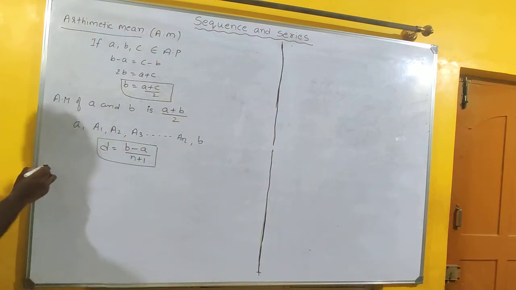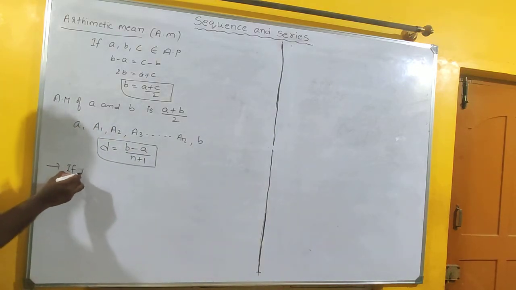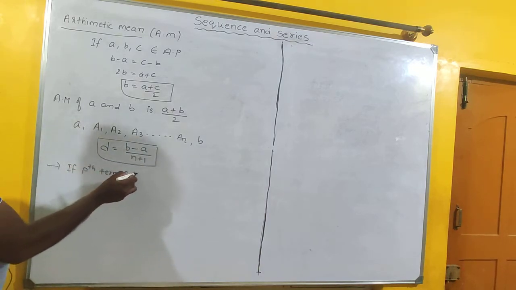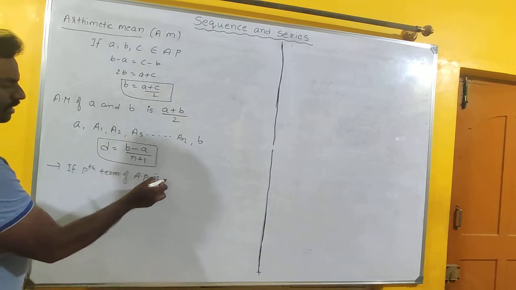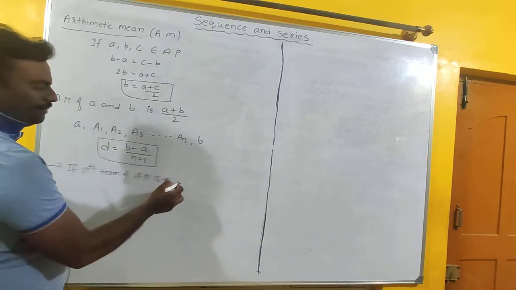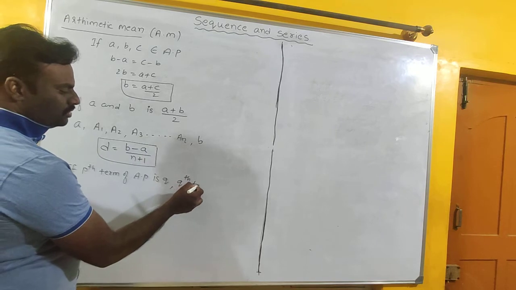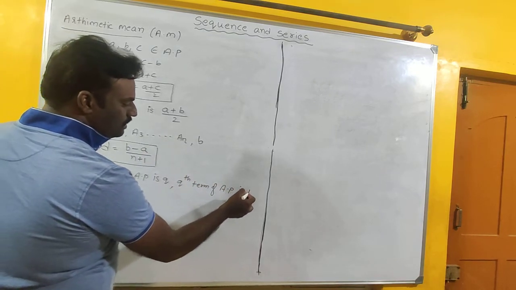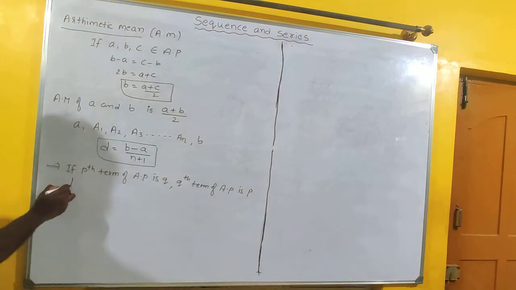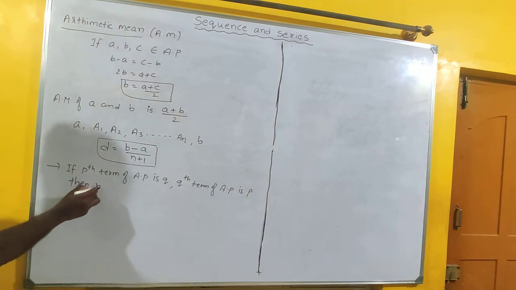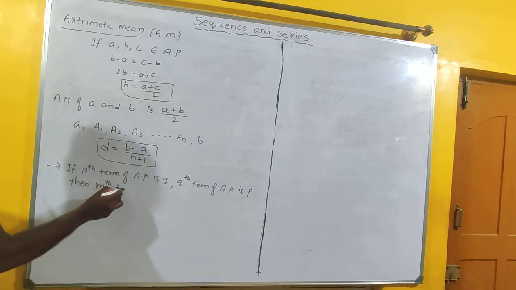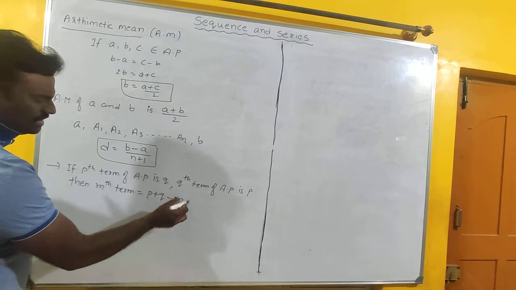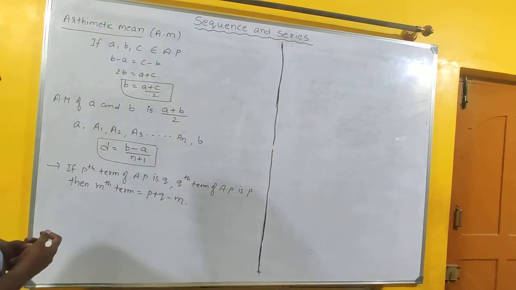Okay. Next one. If the pth term of AP is Q, and the qth term of AP is P, then the mth term of AP is P plus Q minus M. This is a shortcut formula.